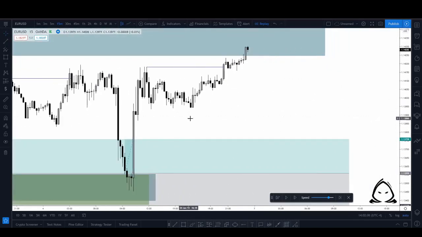Now, if we look at this overall bit of price action, we can identify a 15-minute point of interest. You can see that price moved to the upside, it consolidated, and then it blasted to the upside. And this is ultimately what broke the structure. So we can draw a point of interest on this candle right here.